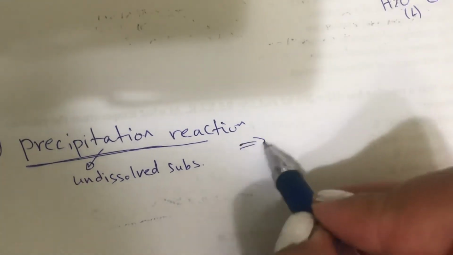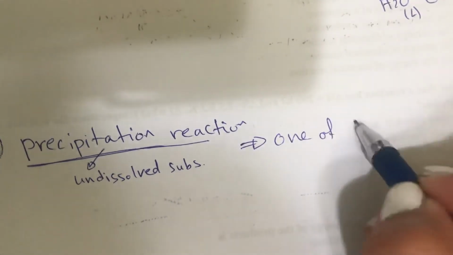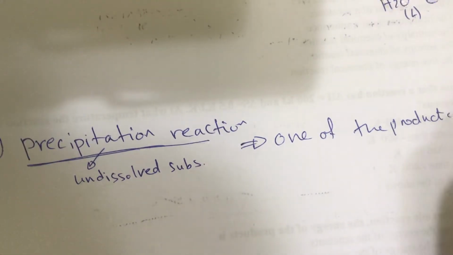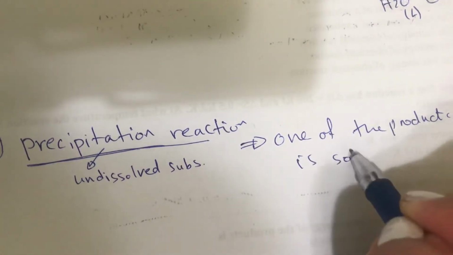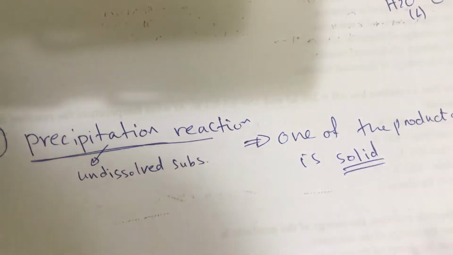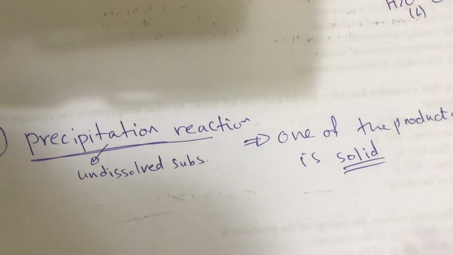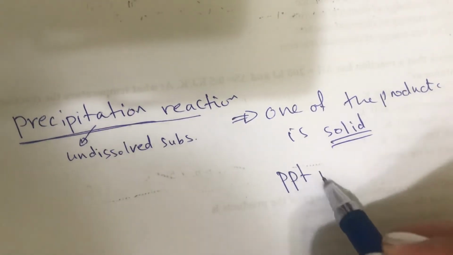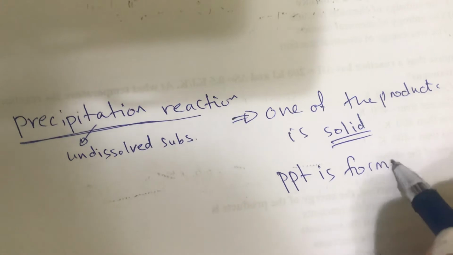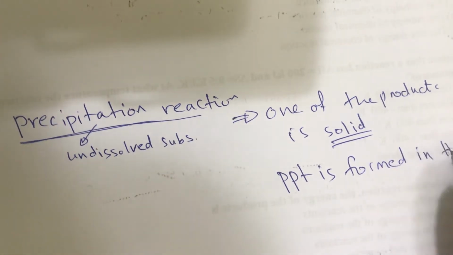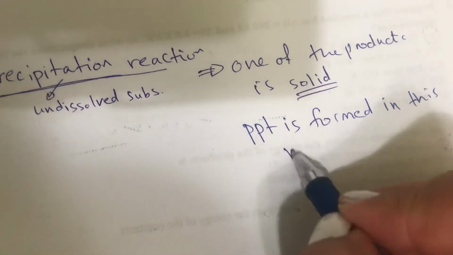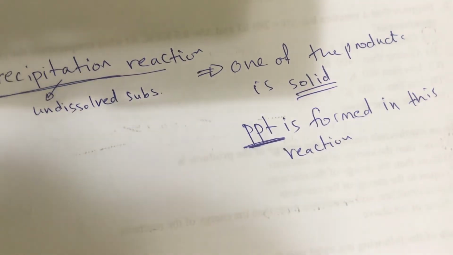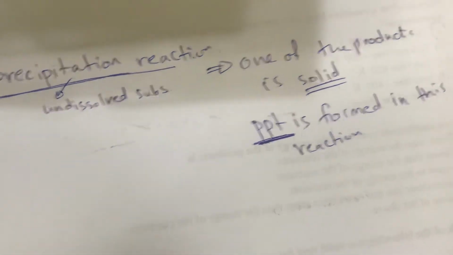So here, one of the products is solid. Precipitate is formed in this reaction. Again, precipitate means undissolved substance, solid state.